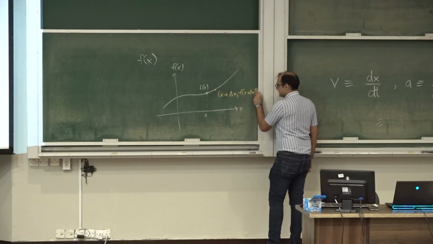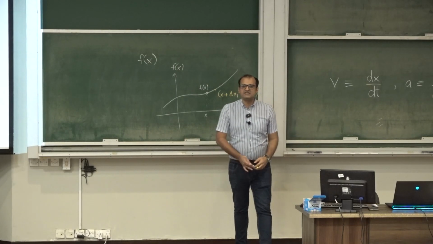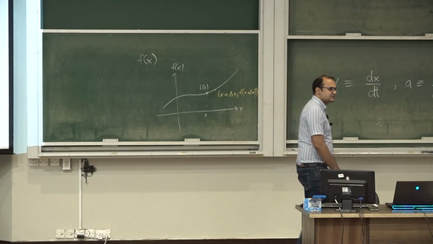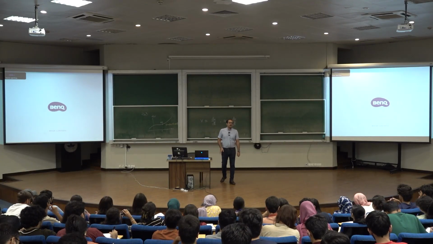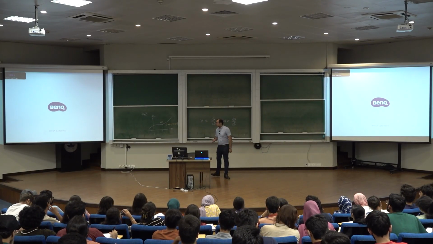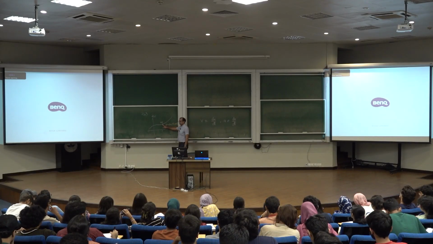These are the coordinates of the second point. So you are going to draw a straight line that joins these 2 points, and you look at the slope of that straight line. That gives you a rough estimate of what the rate of change at this point is going to be.